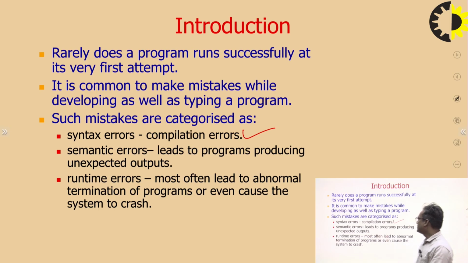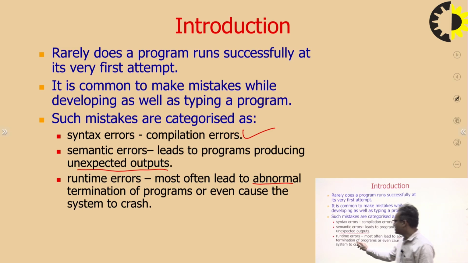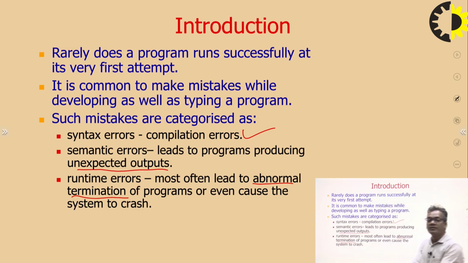Semantic errors lead to the program producing unexpected output. Runtime errors most often lead to abnormal termination of the program. This is a dangerous thing for the program. Sometimes a system can even crash.